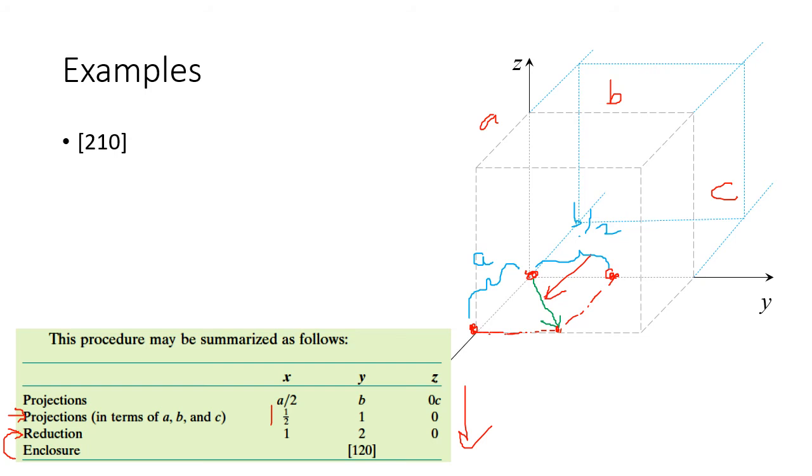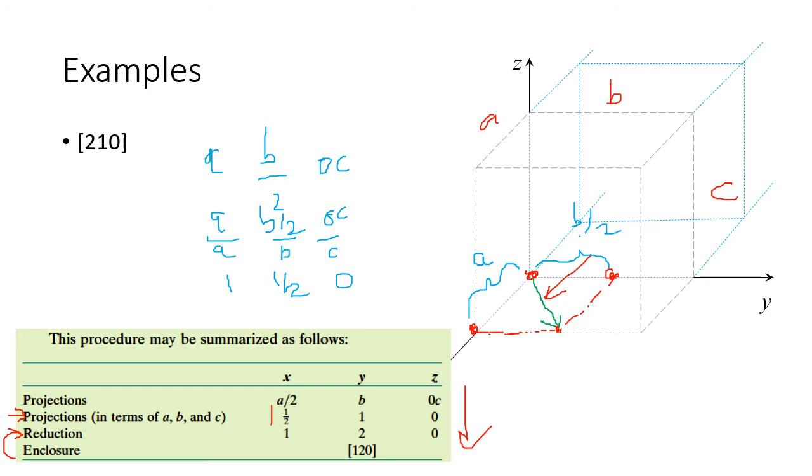So first step projection is A, B by 2 and 0. So these are different than those given in this table because the direction is different. Then projection in terms of A, B and C, that's the second step. So let us divide these three indices by corresponding lattice parameters. So A by A, B by 2 by B and 0 by C. So actually this should be 0C by C. So you get 1, half and 0.